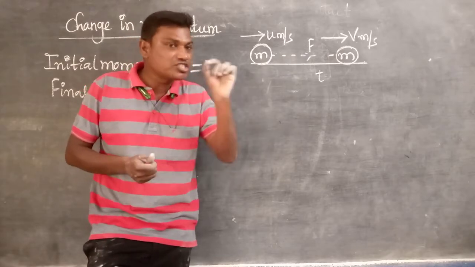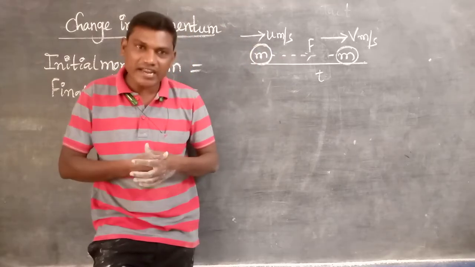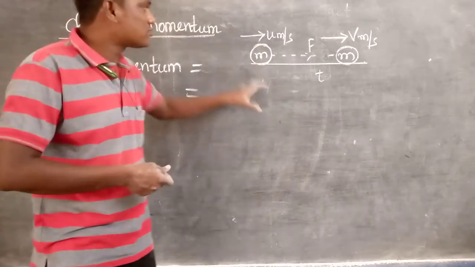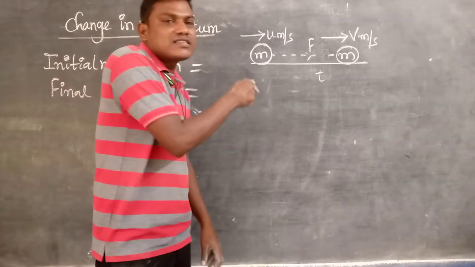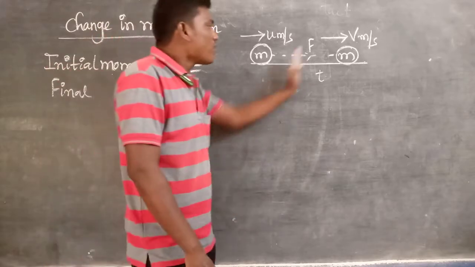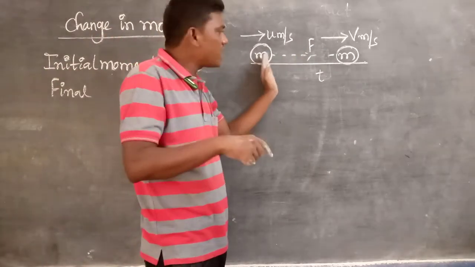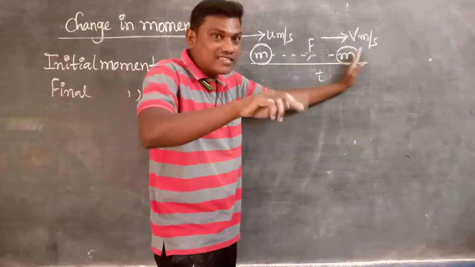A force can change the speed or velocity of a body. Is it correct or not? That's why here also velocity changes, so what is the main reason? Force applied on the body. So before application of the force, that is called initial momentum, and after application of the force, velocity is changed.